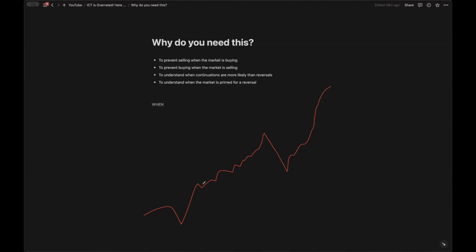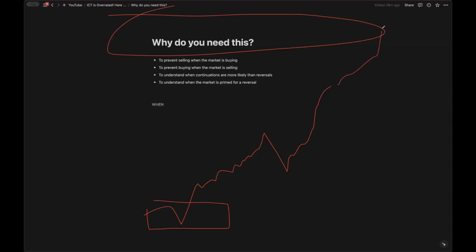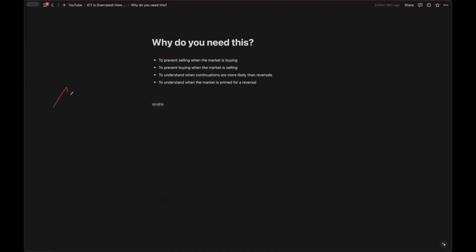That is because the daily limit for the sell is all the way up there, and you know that by understanding the price points that you're using to project the high and low of the day. So you want to sell only when the market is primed to sell, only when it reaches a certain level. Likewise, some of you might want to. So what I just showed you was this one, preventing buying when the market is selling.